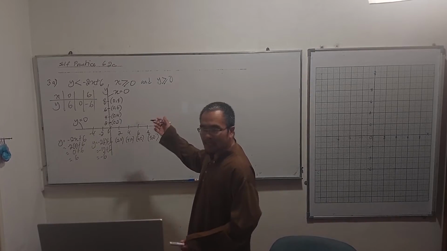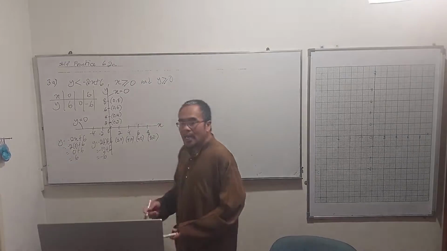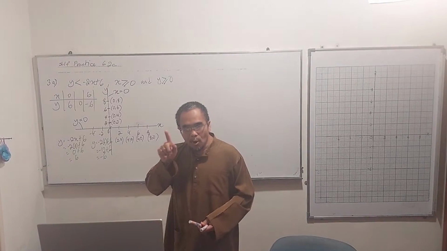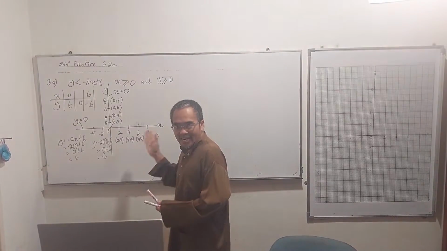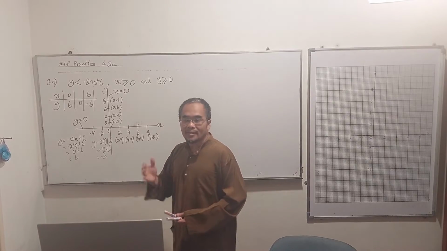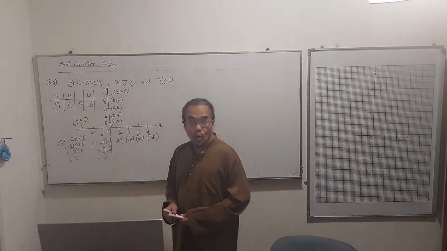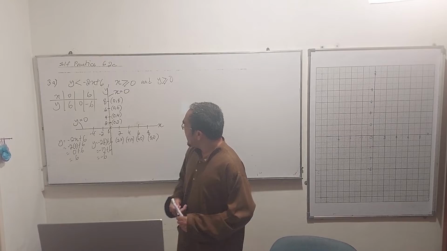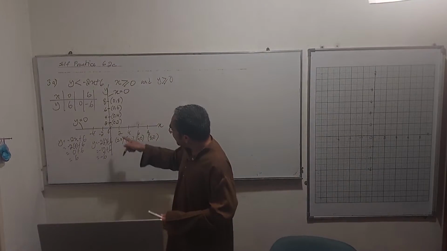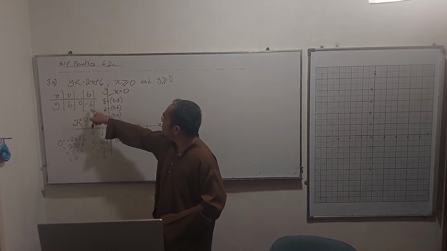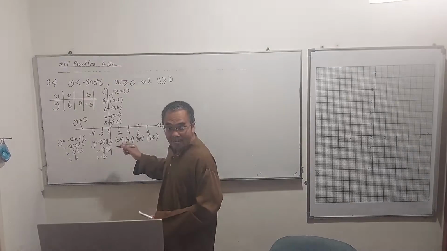So the question is, is the coordinate plottable? Is it there in the graph? If not, then you have to find another point. But in my case, even though there is no y is 0, I can still draw.